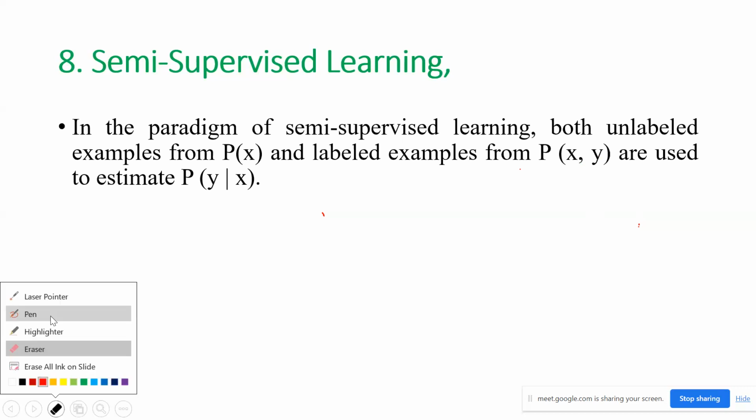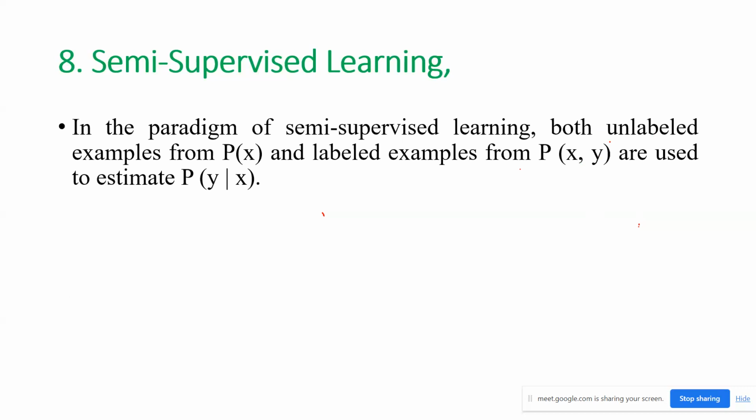Try to understand this. We have unlabeled data. Unlabeled data is nothing but unsupervised learning. And we have labeled data, supervised learning. Unlabeled data is probability of x. Labeled data is probability of x comma y.